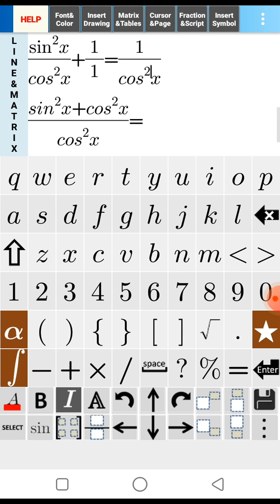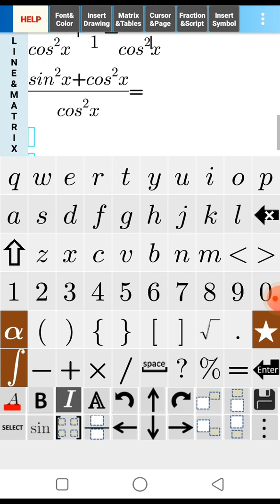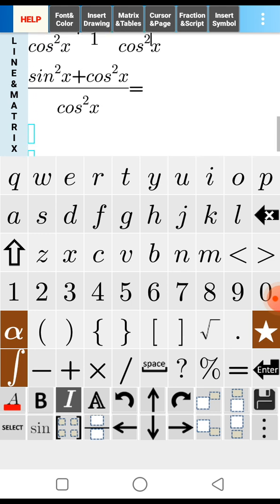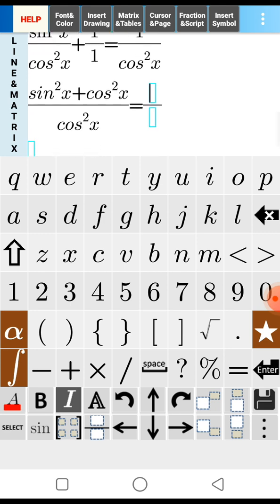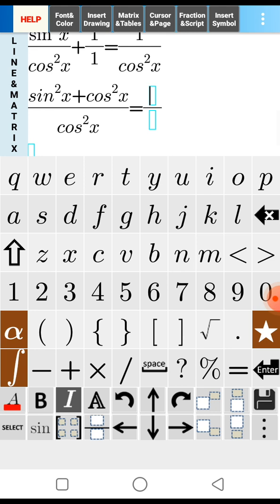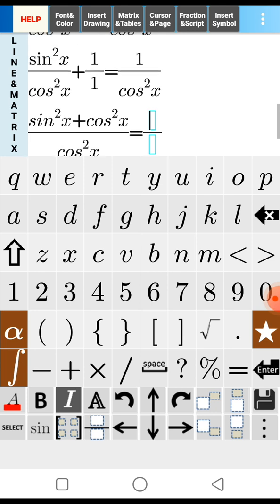Excuse me for that. Then we will have sine square x plus cosine square x divided by cosine square x, which we have to see will be equal to secant square x.